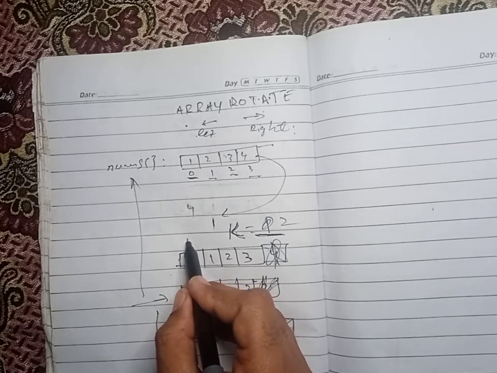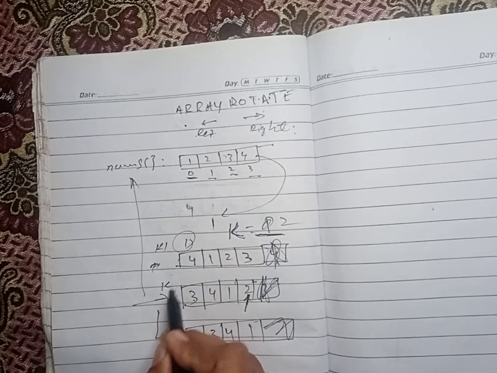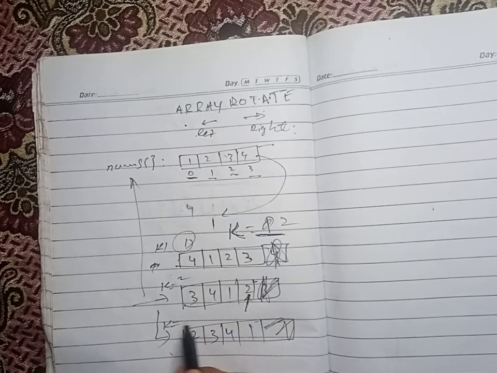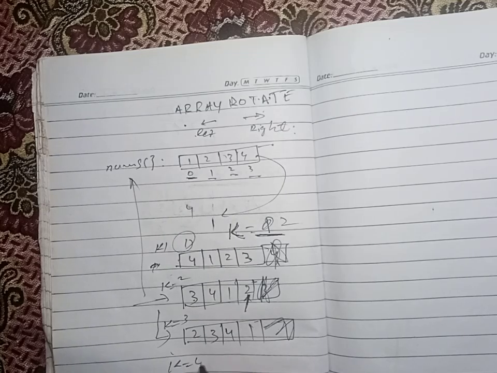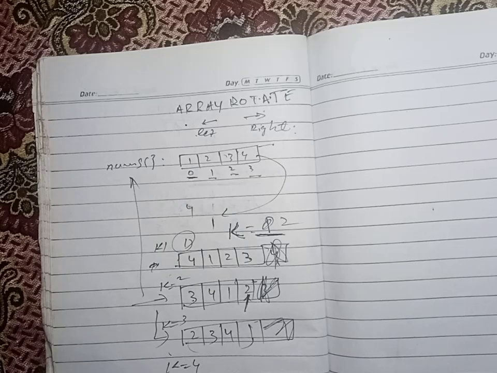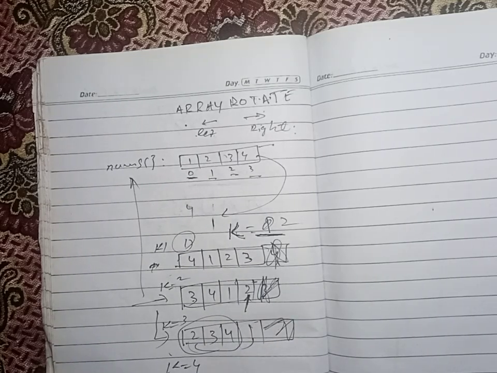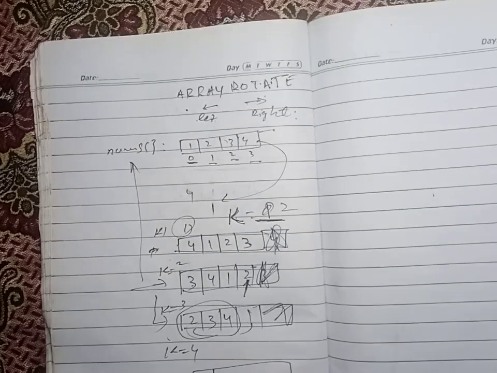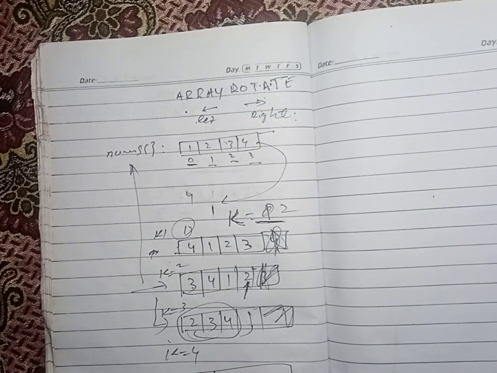This is the first time k is equal to 1, then k is equal to 2, and then k is equal to 3. If k is equal to 4, what happens? The last element goes to the first index, and all the elements, using a loop, change their position by 1 unit.